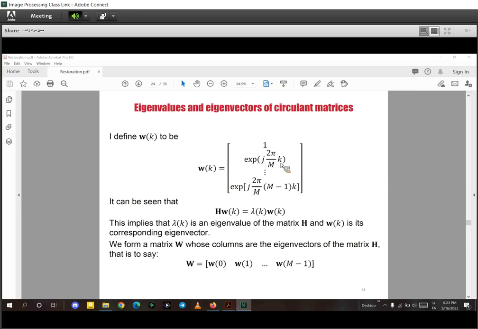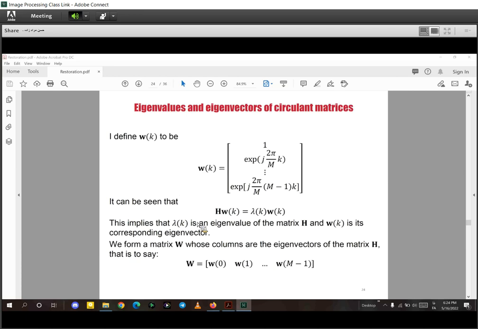For the first item, exponential of j2π/m k dot 1. For the next one, exponential of j2π/m k dot 2. And the last one, all of them are m items. The last one is exponential of j2π over m k (m−1).